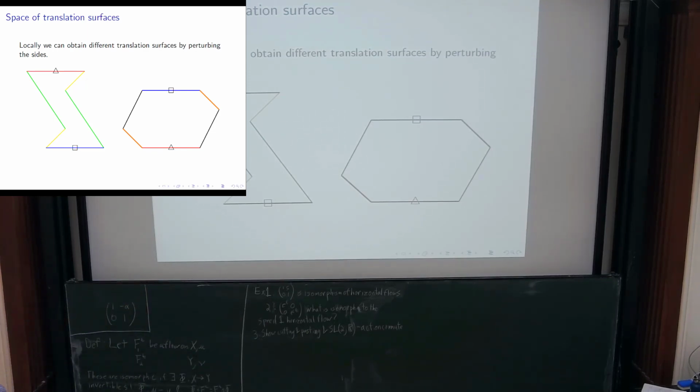Sometimes you talk about a translation surface just as a surface, and sometimes as a surface together with a direction for the flow. Exactly, there's a non-canonical isomorphism between the two. I say picking north, or the upward direction, to be your favorite direction. In our case, it's going to be east. East will be the favorite direction because we want to do the horocycle flow, but you pick east.